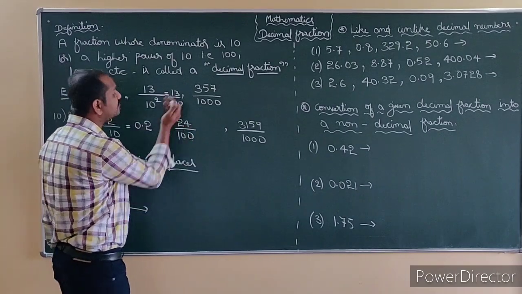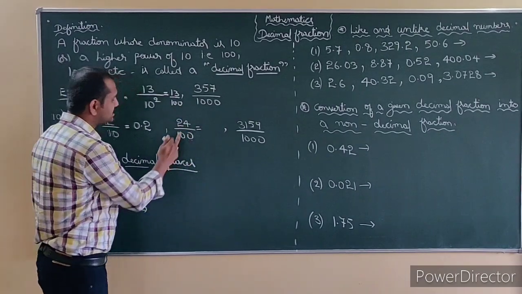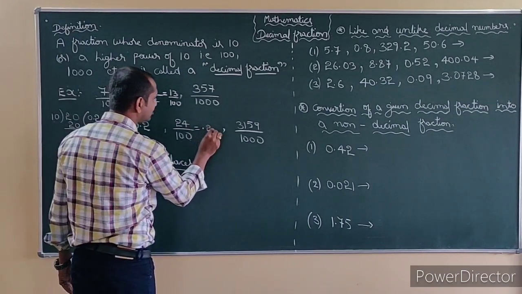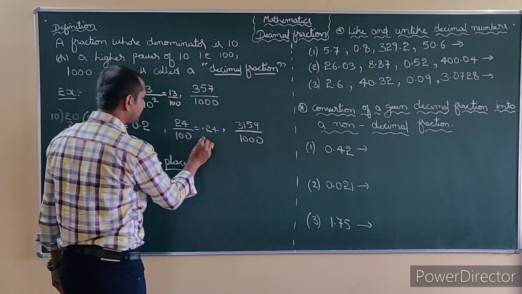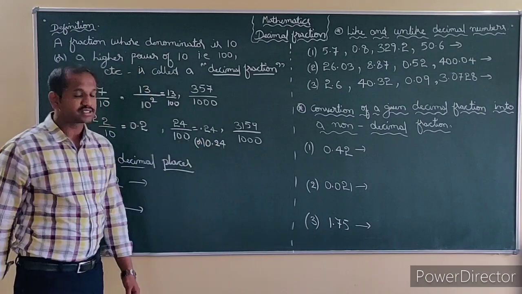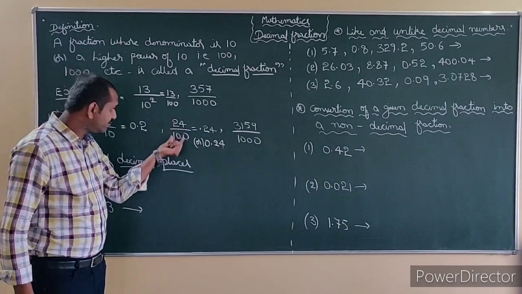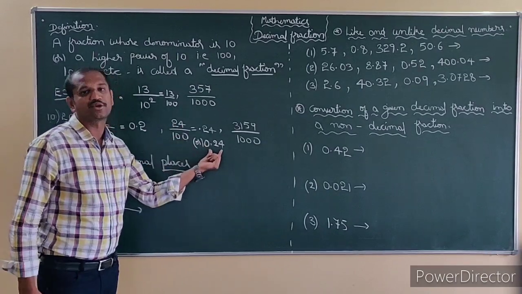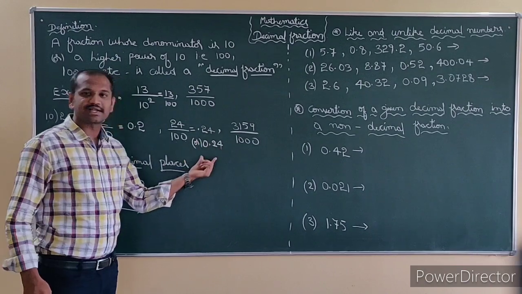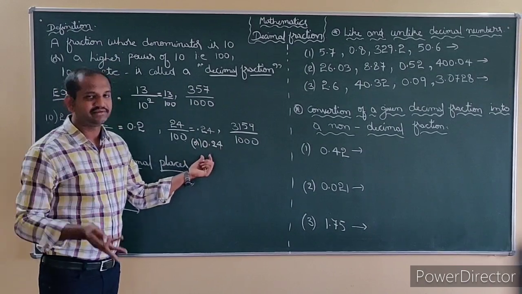Keep the decimal point after 2 numbers in the numerator. See, there are only 2 numbers. So that is 0.24. Did you understand? We need not divide. If you understand the concept, you can very easily write it directly.